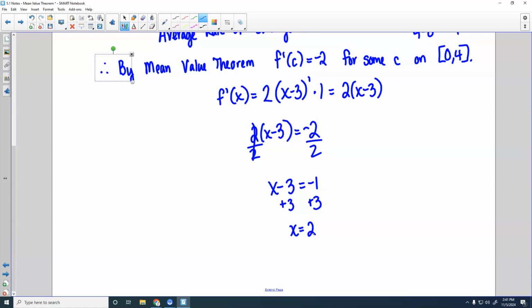Actually, the best way to have done that is to use a c instead of an x right here, because it's asking you to find the c value. You'd probably be okay just to say, therefore c equals 2 at the end too.